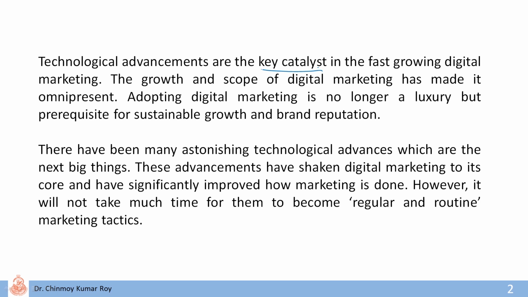The growth and scope of digital marketing has made it omnipresent. It is present almost everywhere, through various channels, wherever we talk about technology, wherever we talk about internet, wherever we talk about social media. Digital marketing has become very prevalent on all of those.